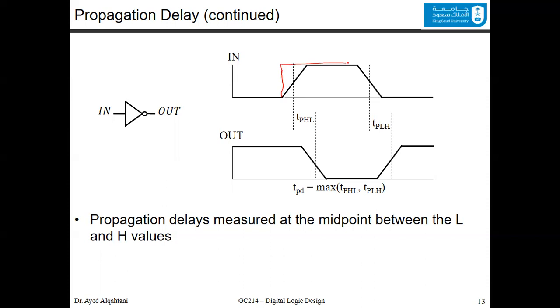This is actually the ideal case, but it never happens in real life, because when you change the input from 0 to 1, it takes some time to start accumulating the current or the voltage needed to have a logic value, whether it's low or high. So if you transition from low to high, it takes some time. If you transition from high to low, it also takes some time. This behavior happens also in the output.